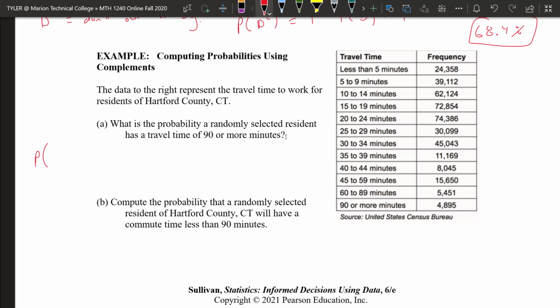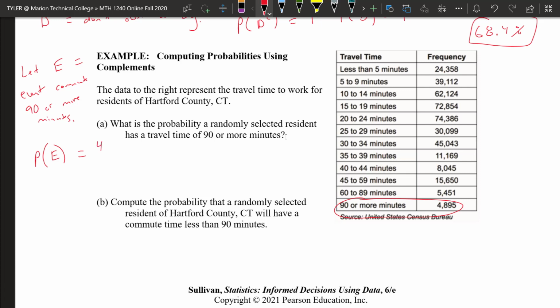So let event E equal the event that we need to commute 90 or more minutes. So the probability of E would equal, if we look at 90 or more minutes, that is 4,895 people.